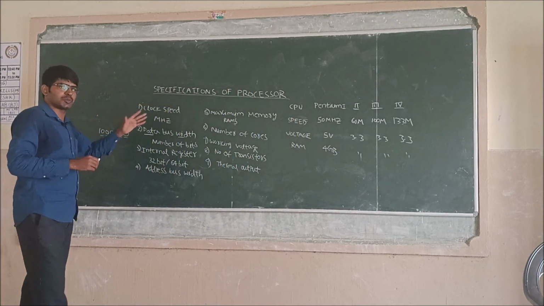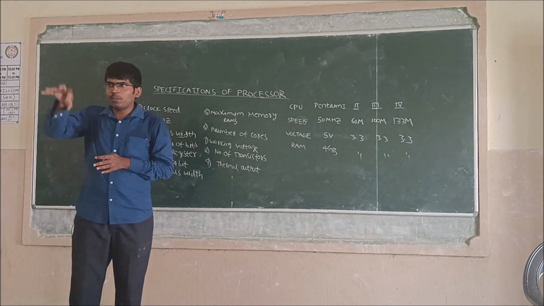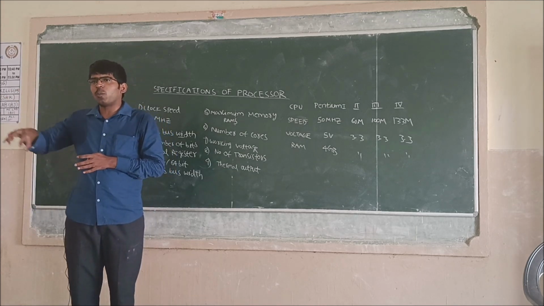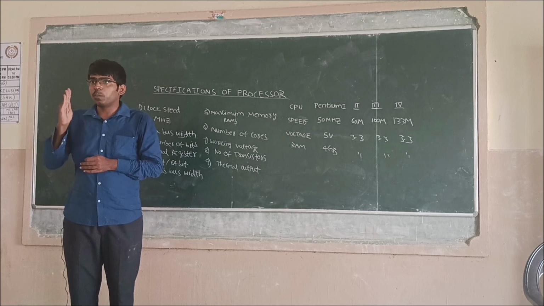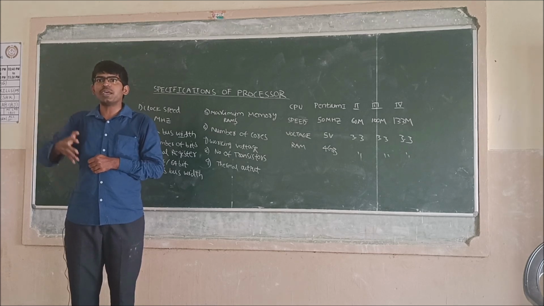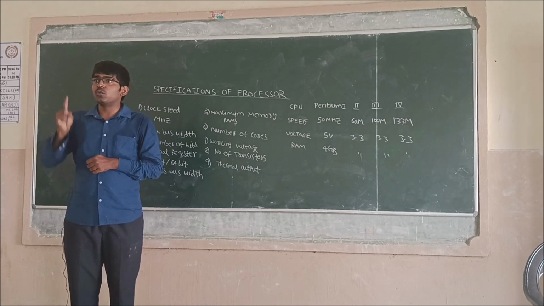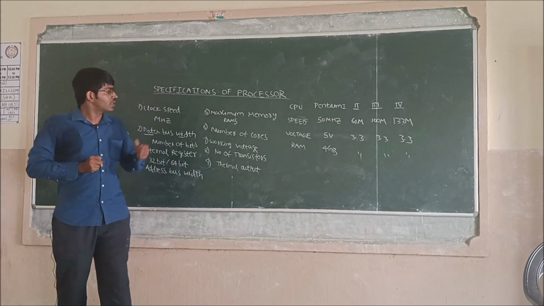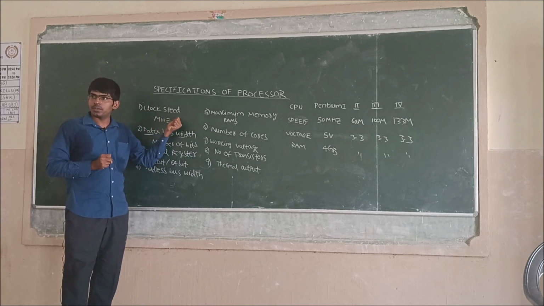First one is clock speed. When a CPU is communicating with the components on the motherboard, it is important at what rate it is communicating, how many instructions are being processed in 1 second. That is known as clock speed.